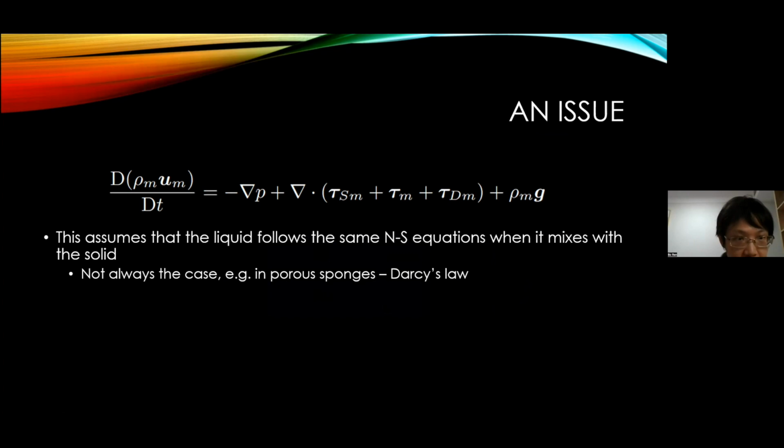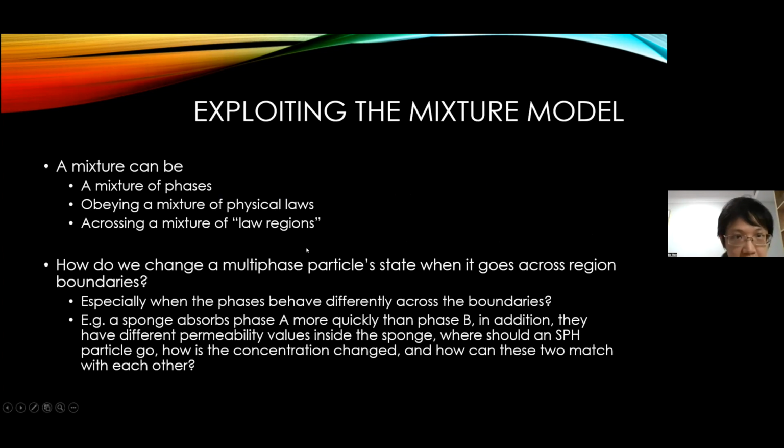But this is not always the case, especially if we are dealing with porous sponges. Inside the porous sponge, the fluid follows Darcy's law. It's not quite the same as the Navier-Stokes equations, and how can we handle it?